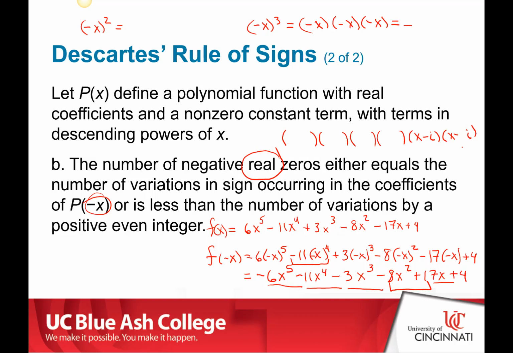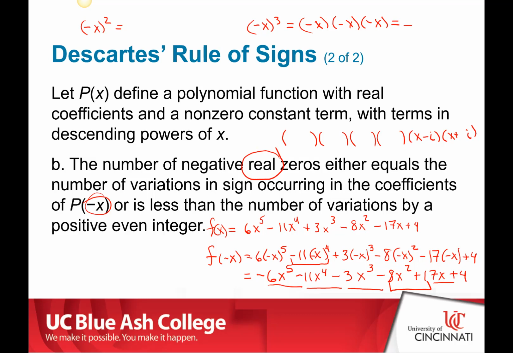So what you would have here would be x minus i and then x plus i. It is possible to get a grouping of 2 imaginary roots, but it'll always be in groups of 2, 4, 6, 8. But you're absolutely right.